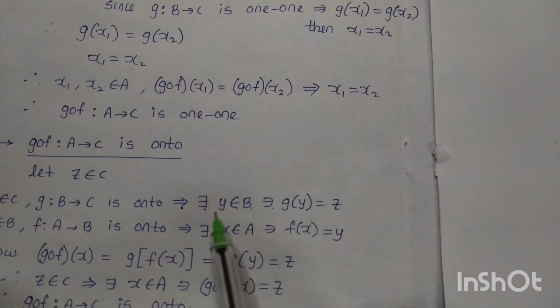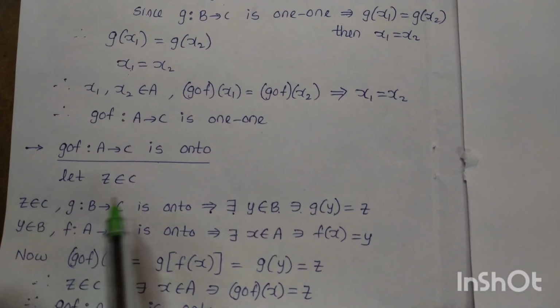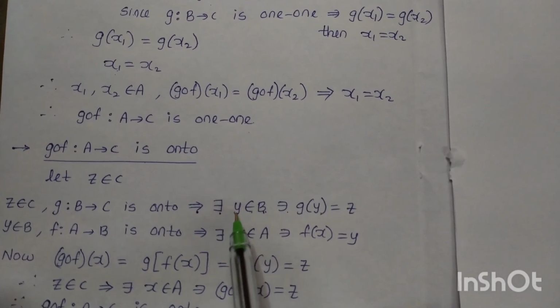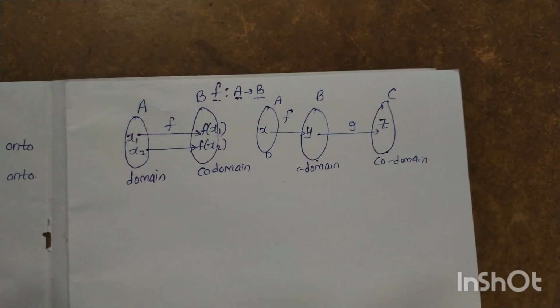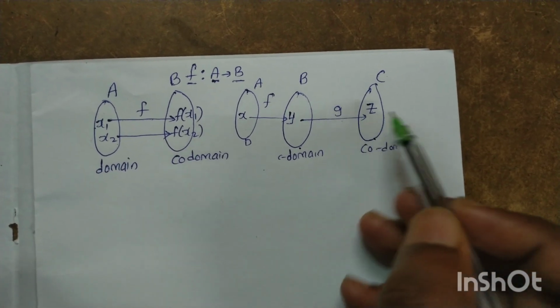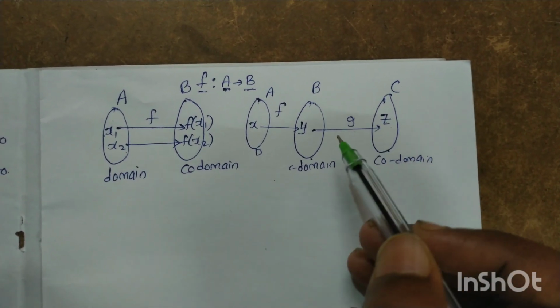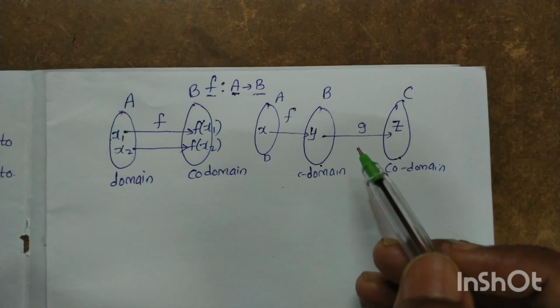What is the meaning of this? Whenever you have one element in C, compulsorily one element should be there in B. That element is y. That is the information which they are giving from the onto function. If you have an onto function, if one element is there in C, compulsorily one element should be there in this section also.